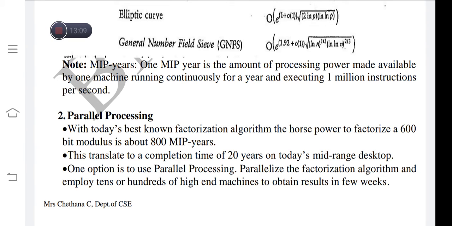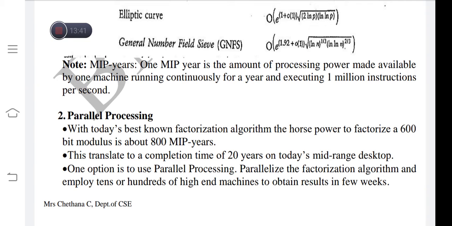That is on a single machine. 1 MIP year is the amount of processing power made available while executing 1 million instructions per second on a single machine. So this translates to a completion time of 20 years on today's mid-range desktop.